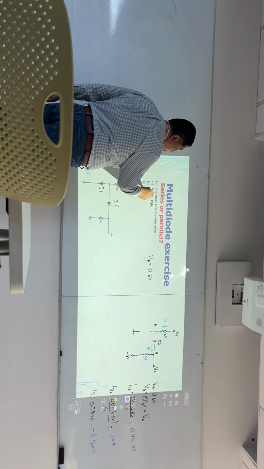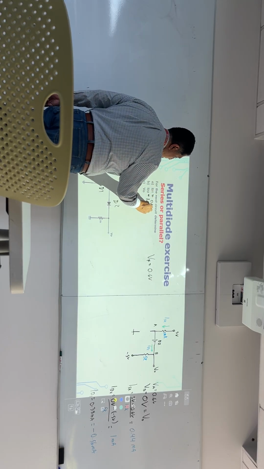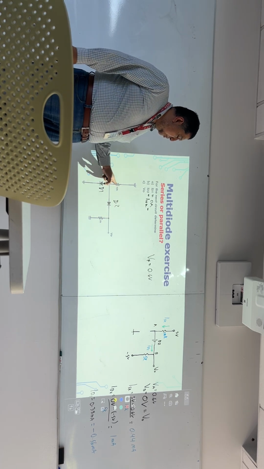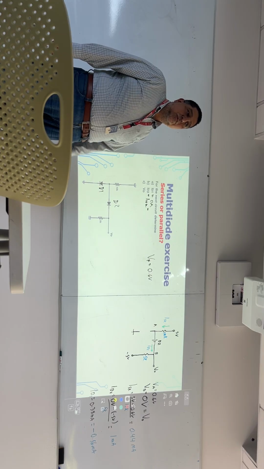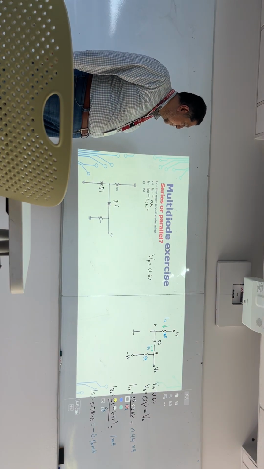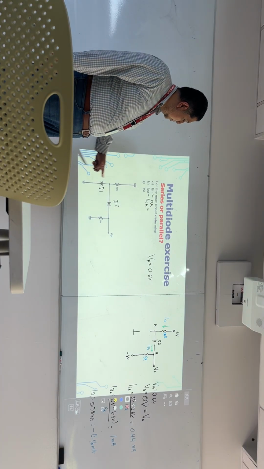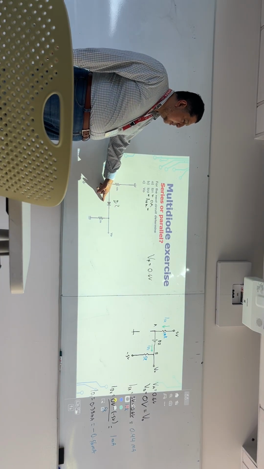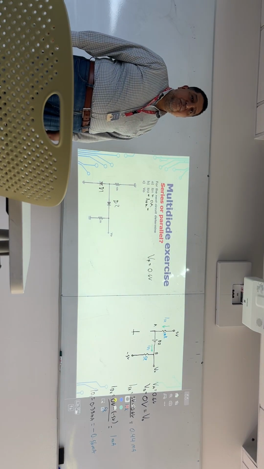Then ID2 is going to be equal to I10K. Basically, you will be able to get that current without any problem, right? So what is the new value for ID2? It could be 10 minus 0.6, that's 9.4, divided by 15K.